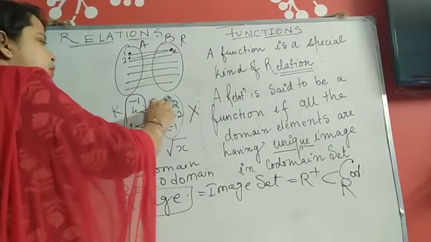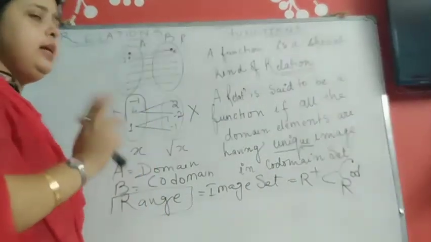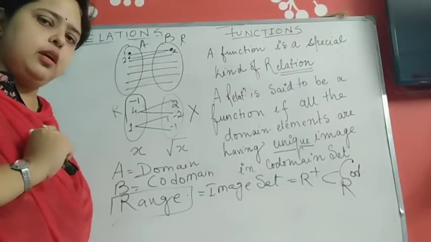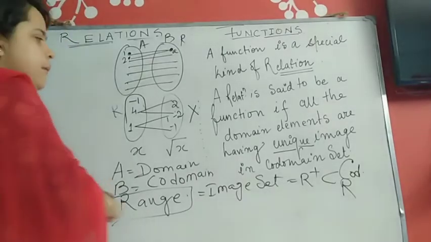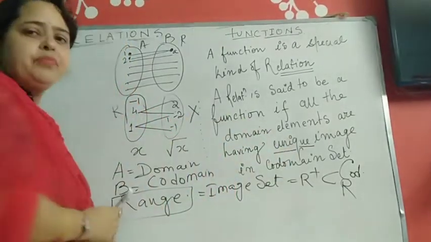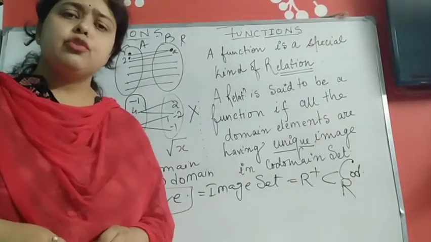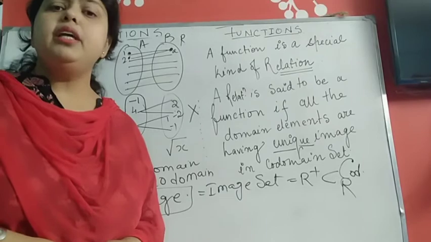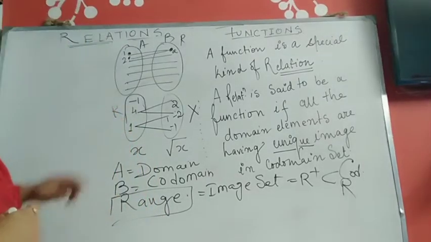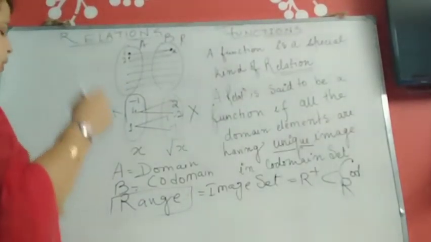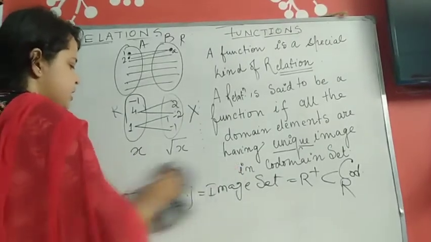Secondly, I will say this 4 is running to two numbers in the codomain set. Square root of 4 is plus minus 2. So I am getting double answer, double images. Okay, so that is not possible because I need to see the second criteria, that all images should be unique. What do you mean by unique? That means there should be a unique relation, unique image.